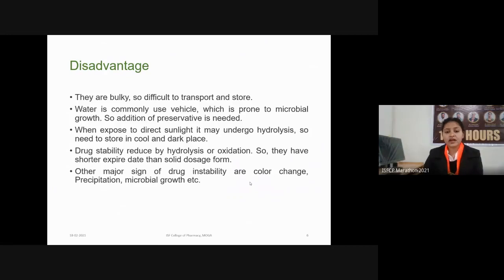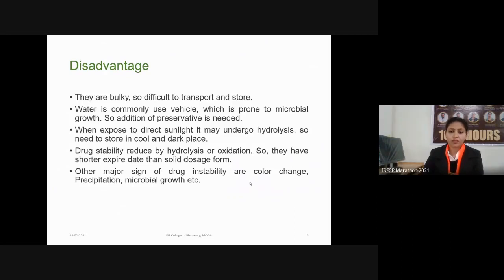There is another advantage, that water has a high dielectric constant, so it can solubilize a large amount of ionic solutes. Because of all these advantages, water is very commonly used as a vehicle in the preparation of monophasic liquid dosage forms.